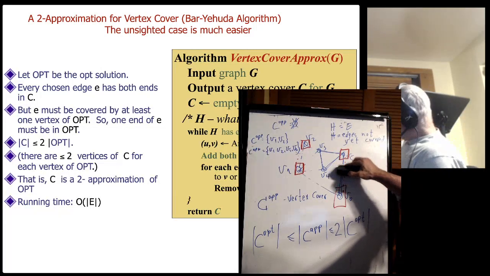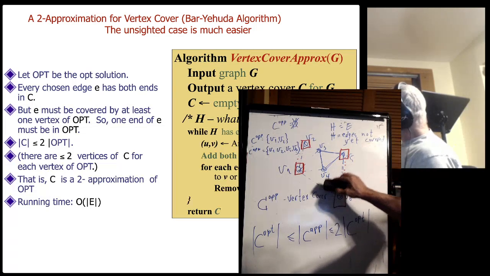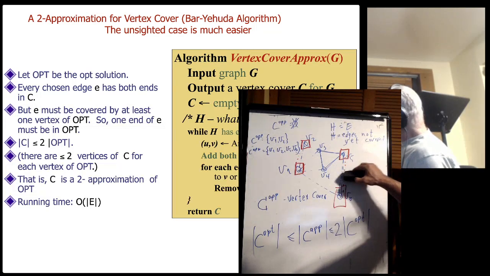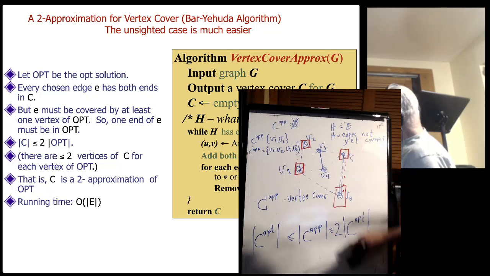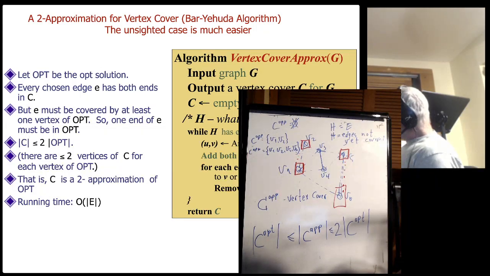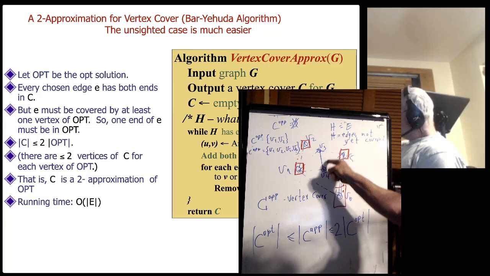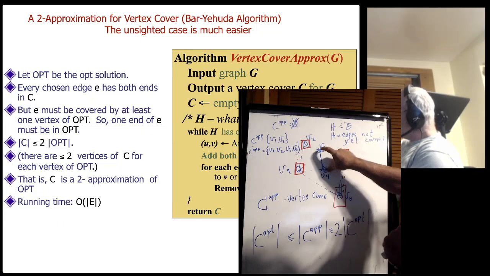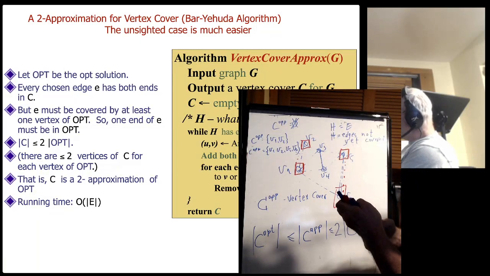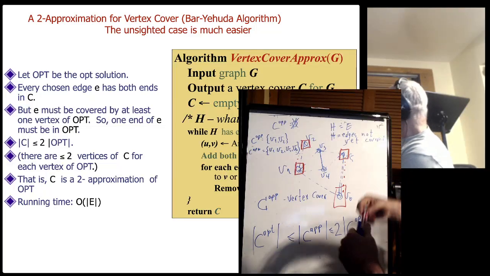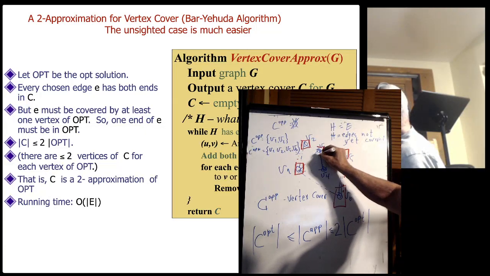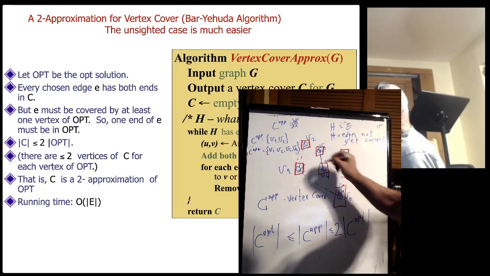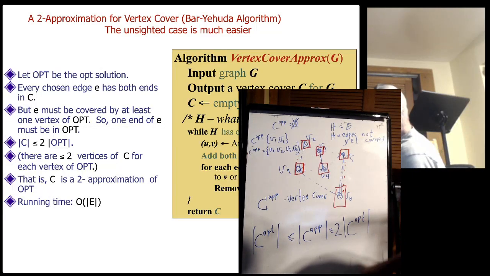And remove from E prime all the edges that are covered by these red vertices. So what's left of E prime? Only the edge V3, V4. And in the next iteration, I'm doomed to pick this edge, and we'll add V3 and V4 to the cover.